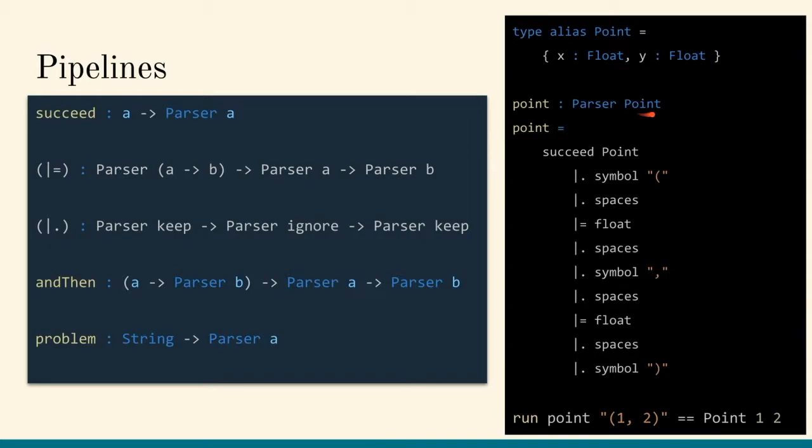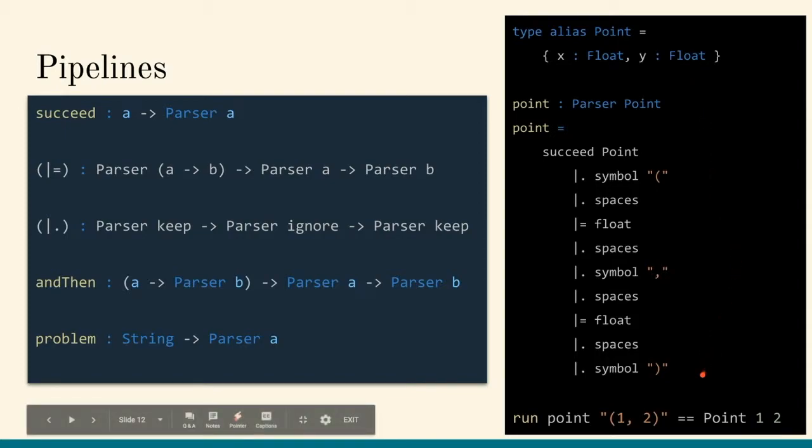And remember, I mentioned the first term of point is a type. It's also a function. The point function has two parameters, x and y, both floats. When you pass point two float numbers, you get a value of point.